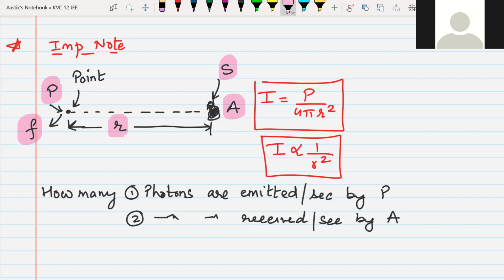P by S. P by S, sir. No, not P by S. You are not thinking. Problem is you are just giving an answer without thinking. Number of photons is a dimensionless quantity. P by S is not dimensionless, beta. It can never be P by S. You are not thinking properly.